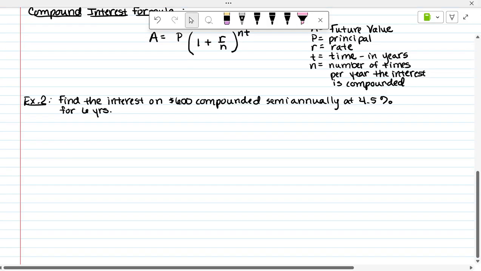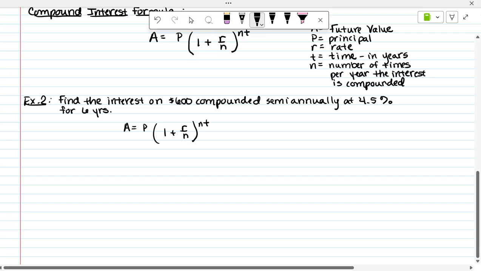Okay, so we start with our formula and then we list what we have. We have A equals P times 1 plus R over N all to the NT.